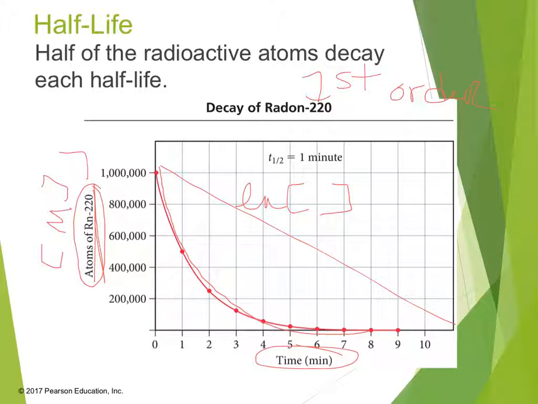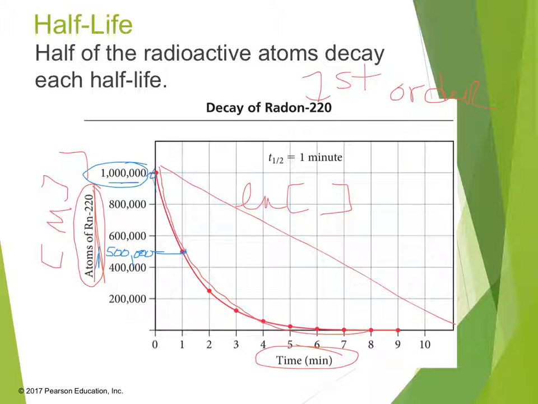So if you're given a graph like this, and I ask you, what is the half-life? How would you go about determining that? Well, you look any place on the graph. Let's start at the beginning, where we have 1,000,000 atoms. How long does it take to get half of that amount? What's half of 1,000,000? It is 500,000.